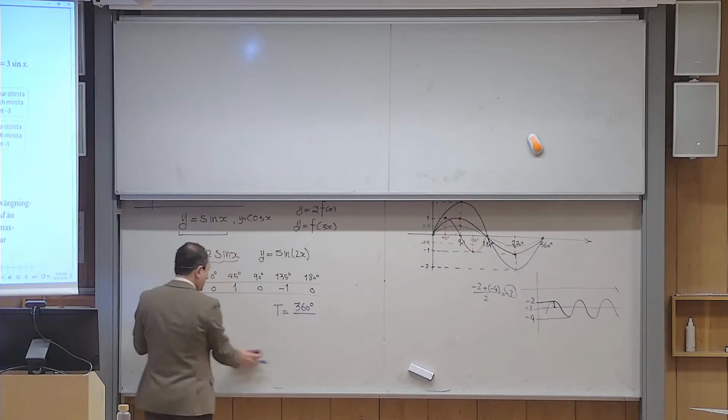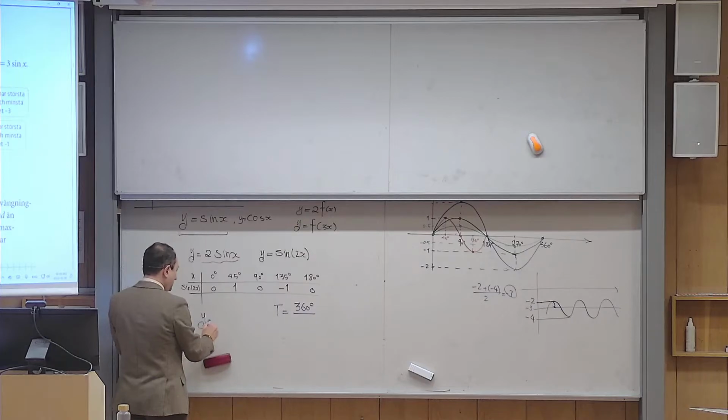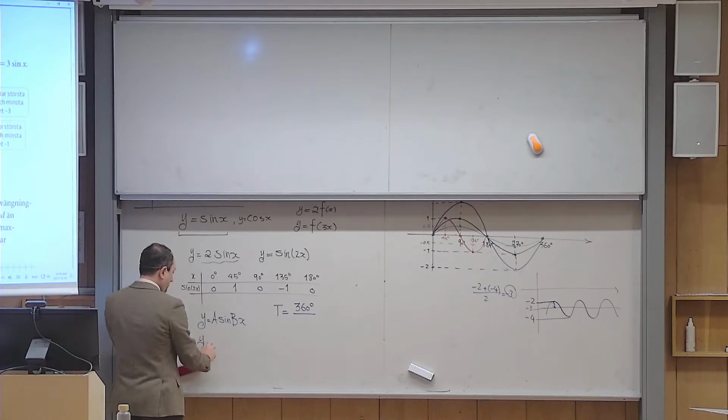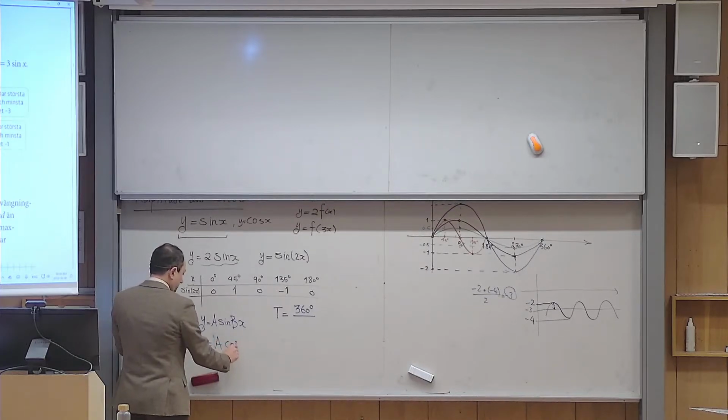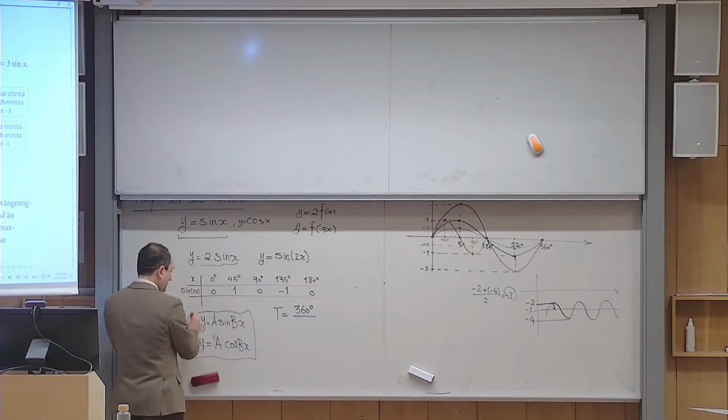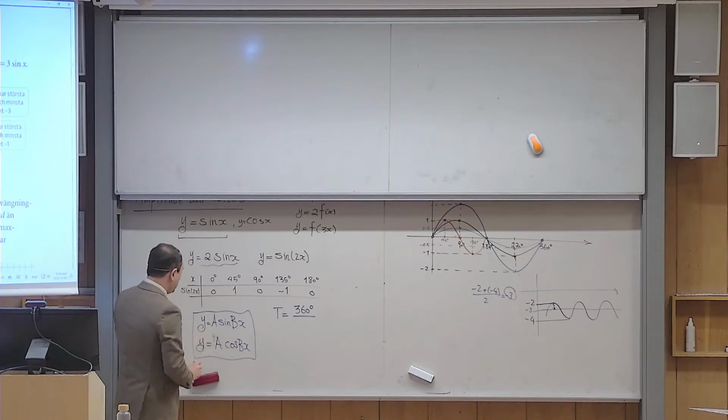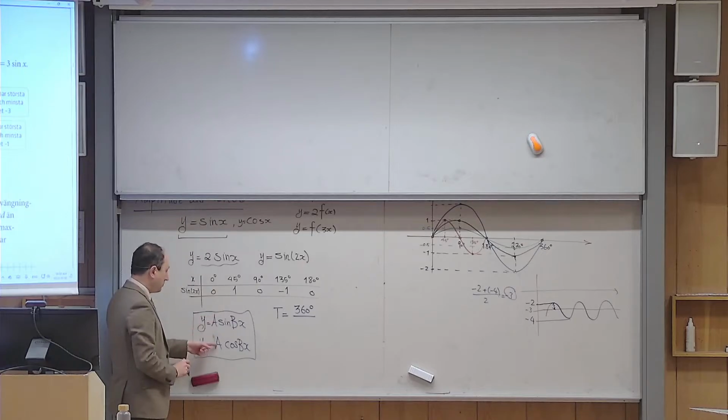In general, if you have this function, this is something you will be given in the formula sheet, but I want you to understand it as well. So if you have these two functions, and if a is positive, the amplitude of both of them is 1.